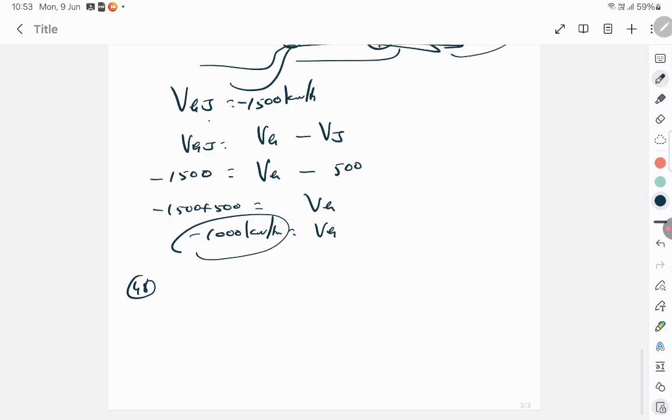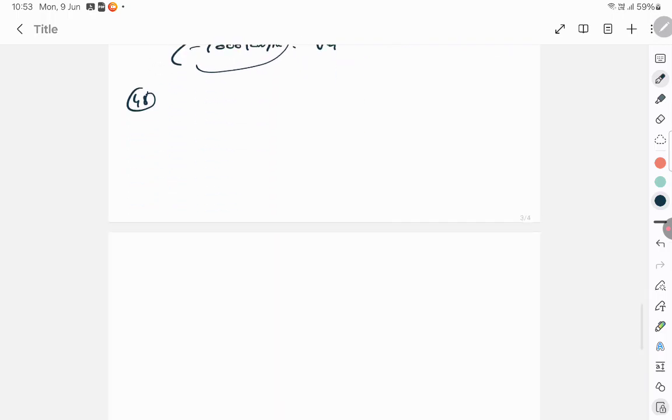Let's go to the 48th question. Trains A and B are of length 400 meter. There is a train A which is going at a uniform speed, and there's also another train B. The driver of B decides to overtake A. Let me draw it properly.